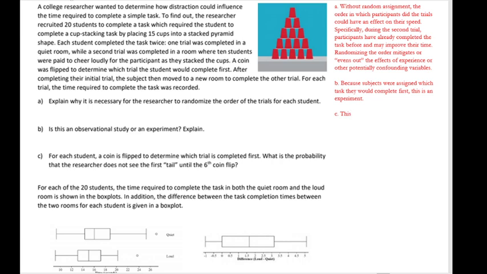So this is a scenario that can be described with a geometric distribution. There is a fixed probability of tails for each trial. The trials are independent, and we are interested in how long it takes to see the first tails.